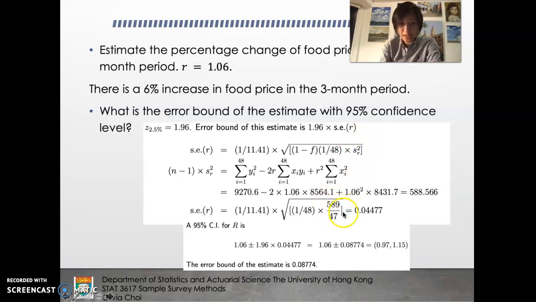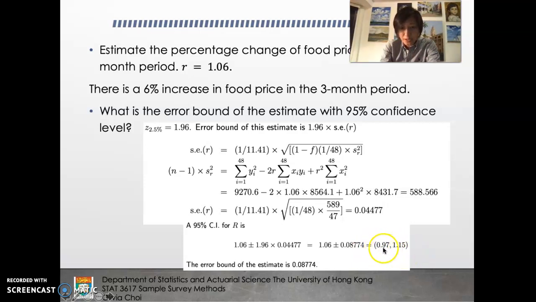Okay, so don't forget to divide by n minus 1 if we're using this approach, and also divide by n. Then the standard error of R equals 0.04477. With the 95% confidence interval for my ratio estimate 1.06, that goes from 0.97 to 1.15.